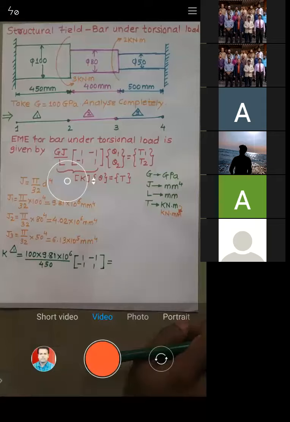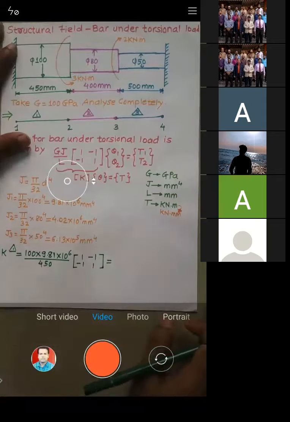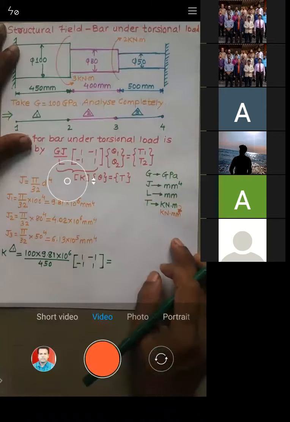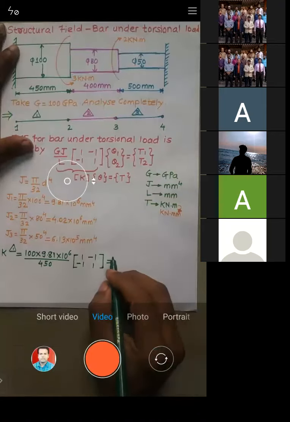How much are we getting? 2.18 into 10 raised to power 6.